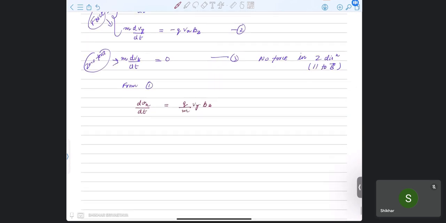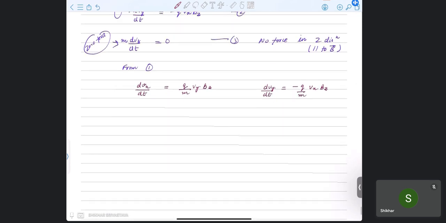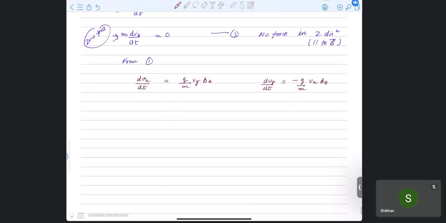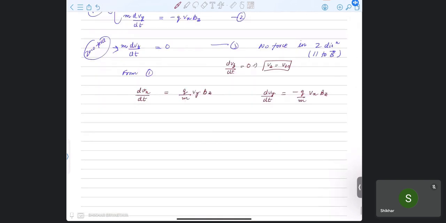Okay, and similarly we can write dvy by dt is equal to minus q by m vx Bz. These two equations are in x and y component of velocity, and dvz by dt is 0, which means vz will be constant. Vz will be some constant value, which is the initial velocity of the particle in z direction. This is v0z only. Okay.